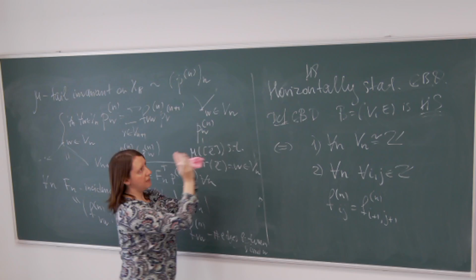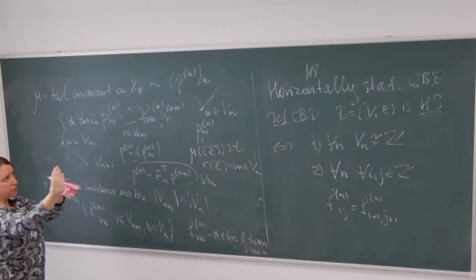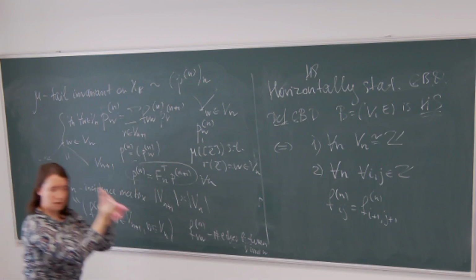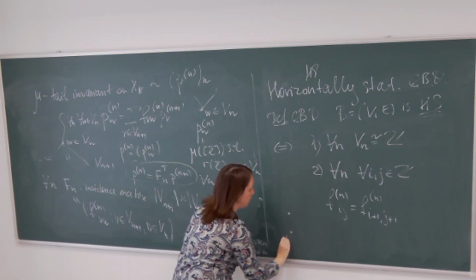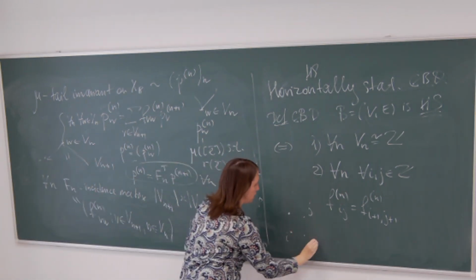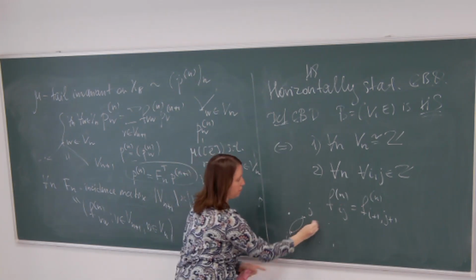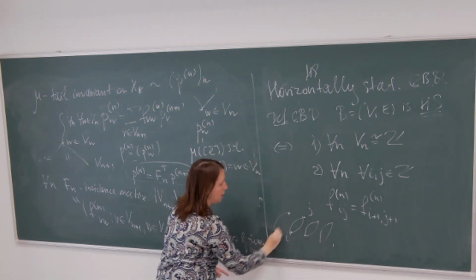So it means that if we do a horizontal shift, our diagram is unchanged. So for instance, if we have here a couple of edges, then we will have it everywhere.